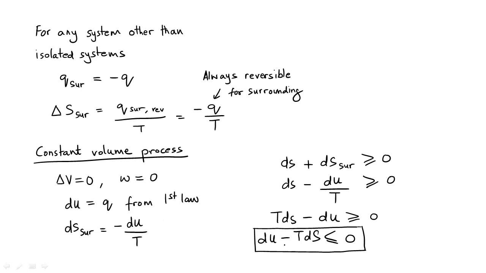So for the constant volume process, the second law of thermodynamics takes this special form.